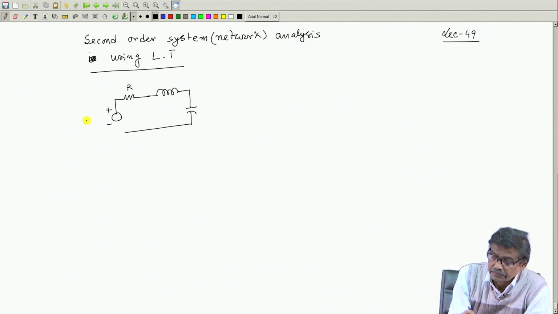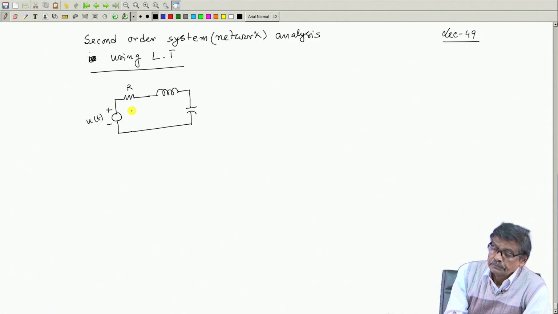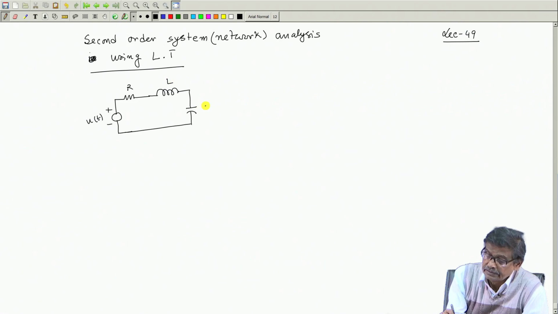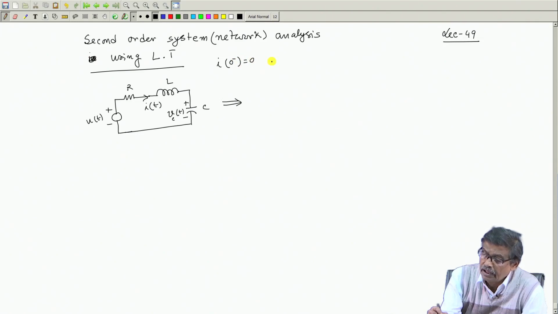This is your u(t), step response, and this is L and this is C, and this is i(t), and the voltage across the capacitor is vC(t). Now, with all initial conditions 0, it means i(0-), the current through the inductor, must have been 0, and vC(0-) is also 0.